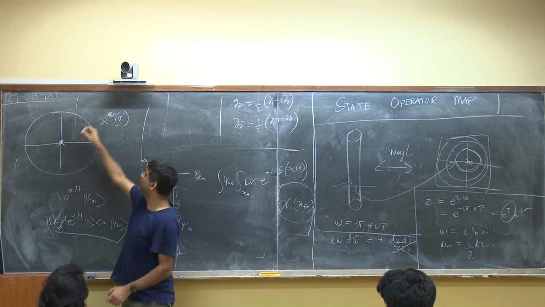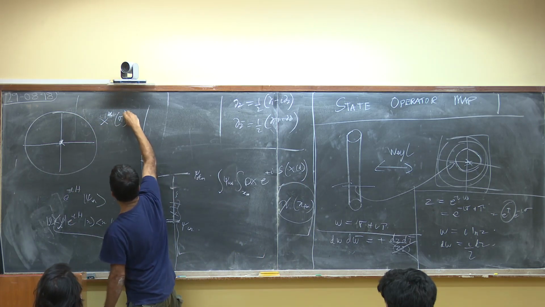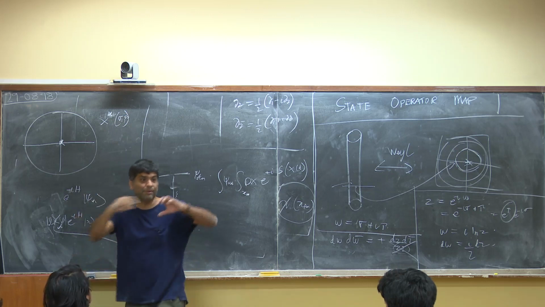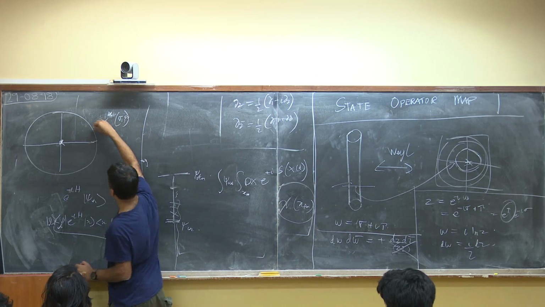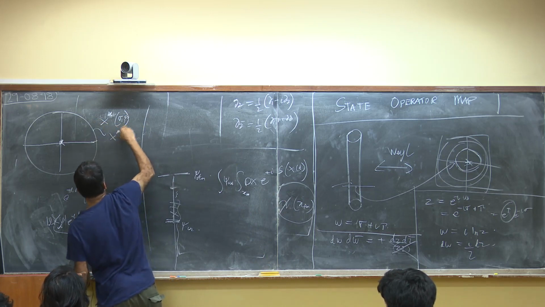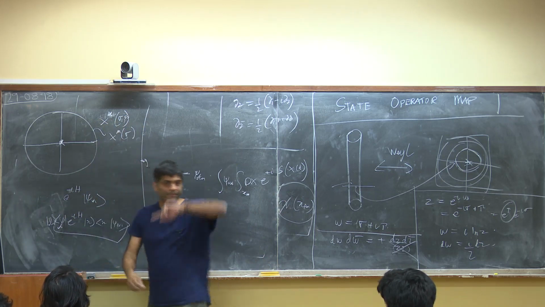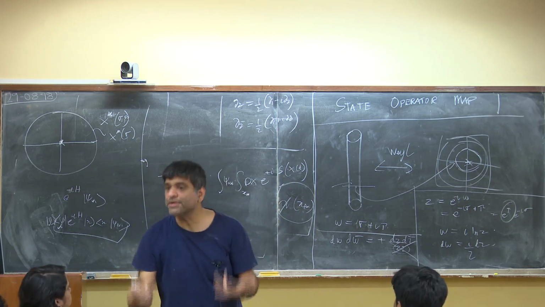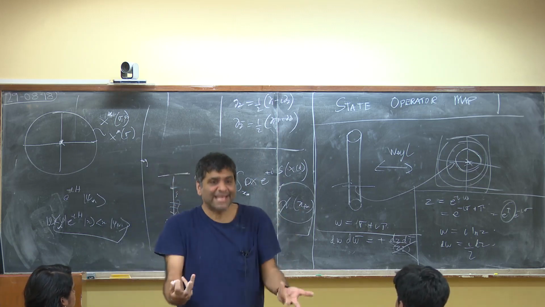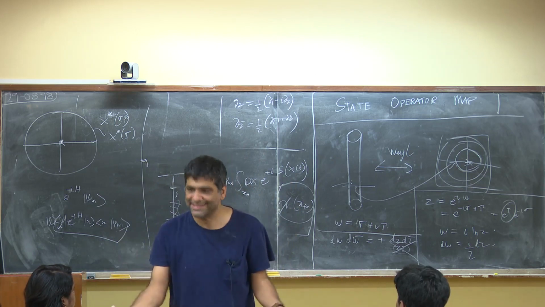This path integral will be a function of x mu of sigma, where sigma 1 and sigma 2 are coordinates on the plane. And whatever function you get is the state, the Schrodinger wave function of your state.